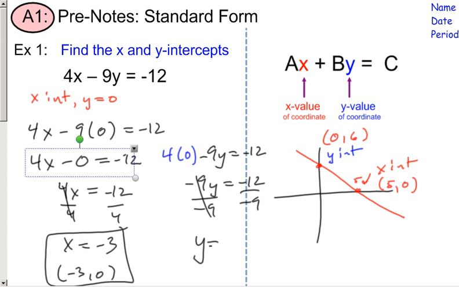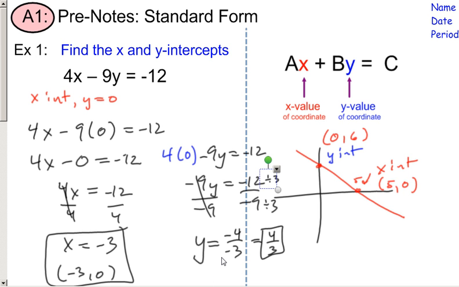Get y equals negative 12 divided by negative 9. We want to keep it improper, so all we can do is reduce. So let's divide these by 3. So we get negative 4 over negative 3. And a negative divided by a negative is a positive, so the answer is 4/3. So that means that our y-intercept is going to occur where the graph hits 0 and 4/3.